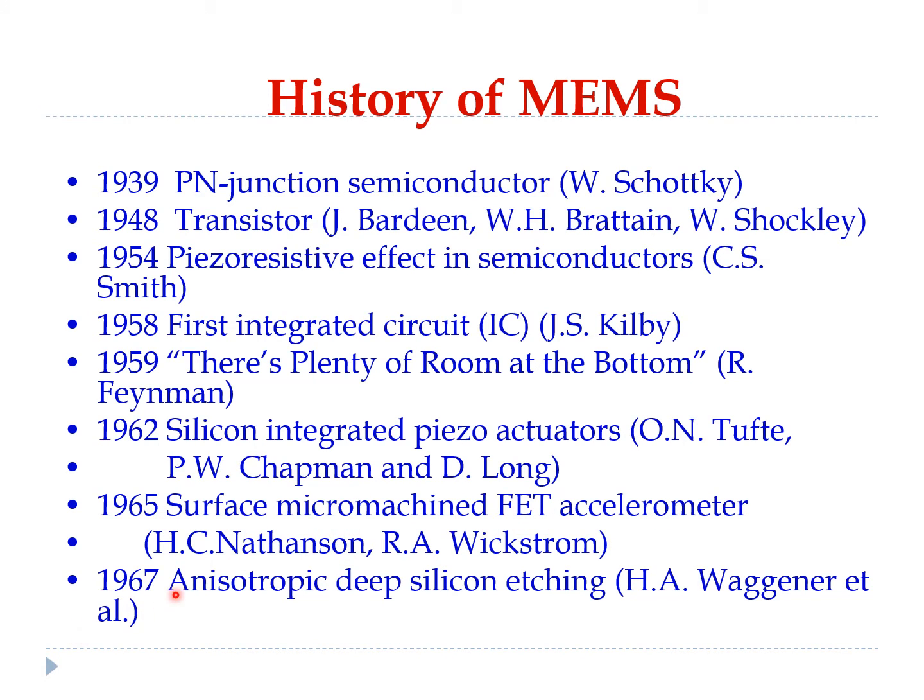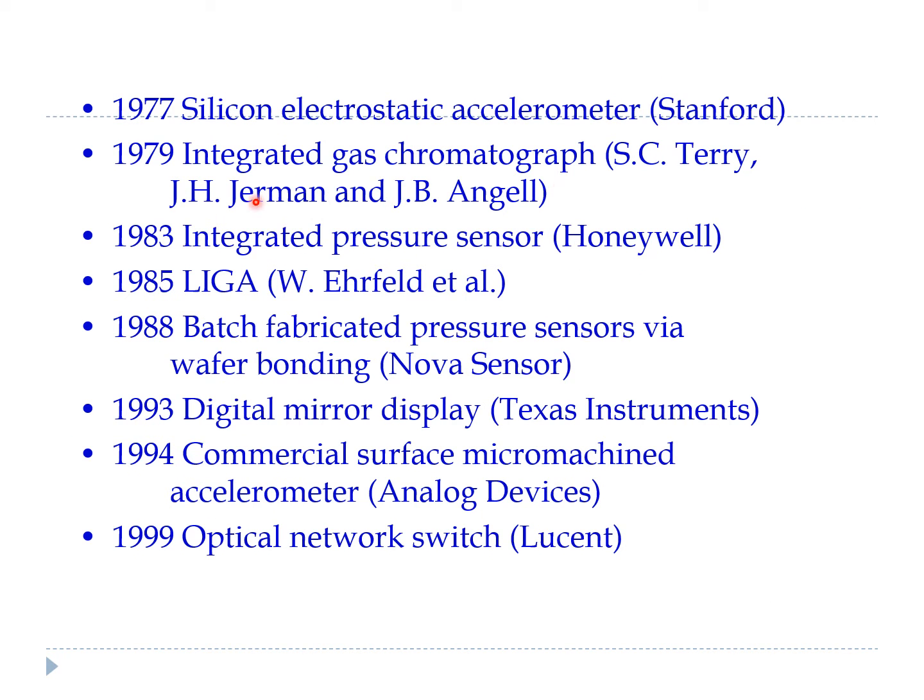Then in 1967 anisotropic deep silicon etching, a small scale device developed on silicon. So this is how MEMS has arrived. In 1977 the silicon electrostatic accelerometer.